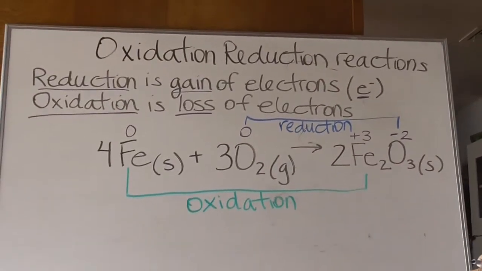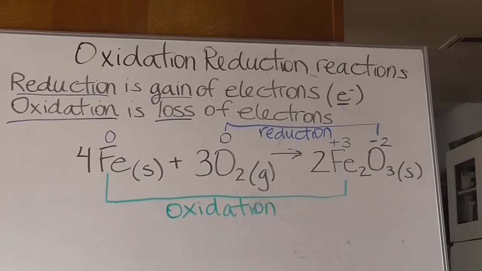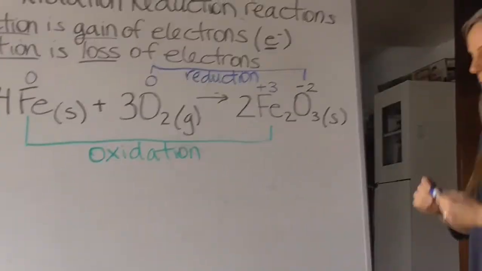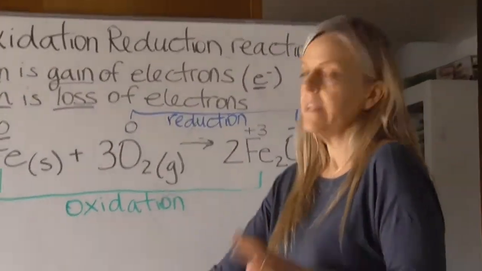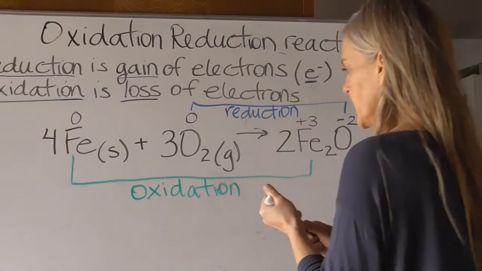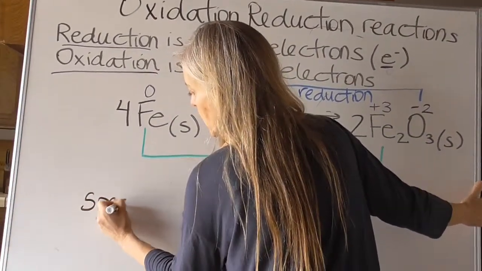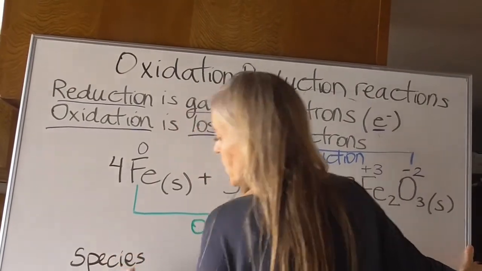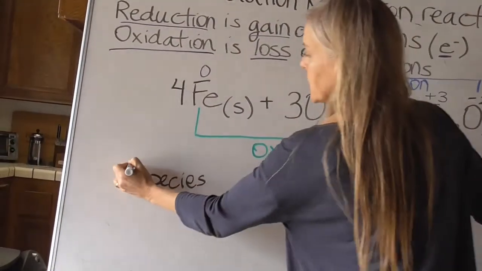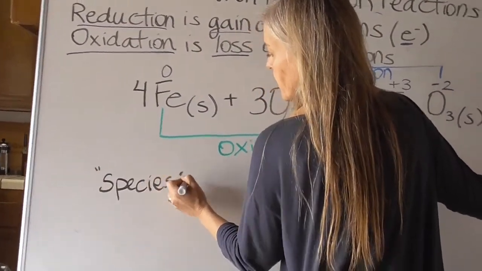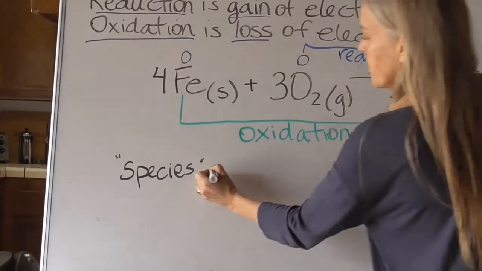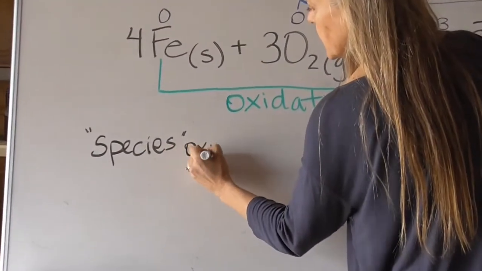Once you have identified what's oxidized and reduced, or what those processes are, now you can answer 4 questions. The first one is, what is your species which is going to be the atom that got oxidized?